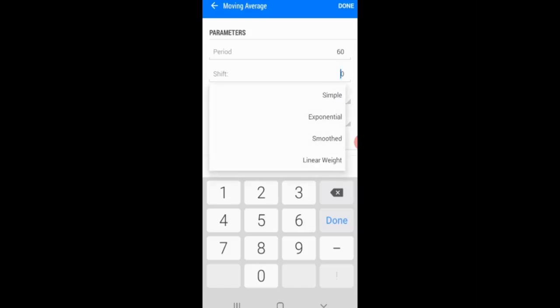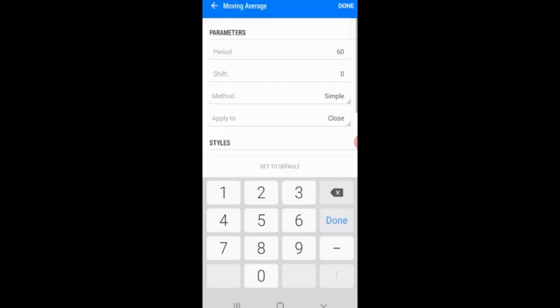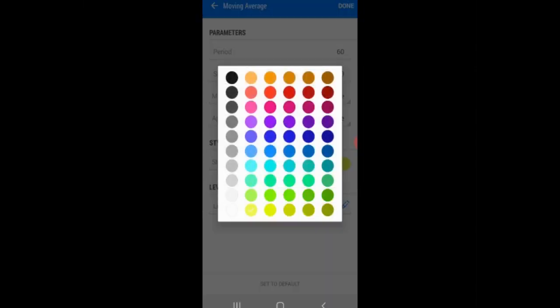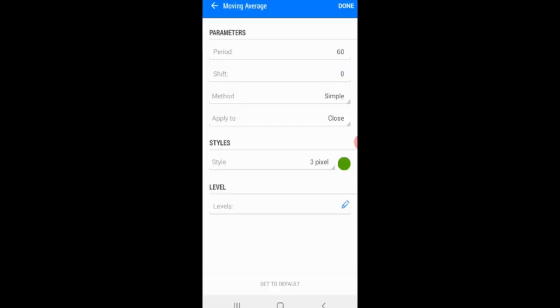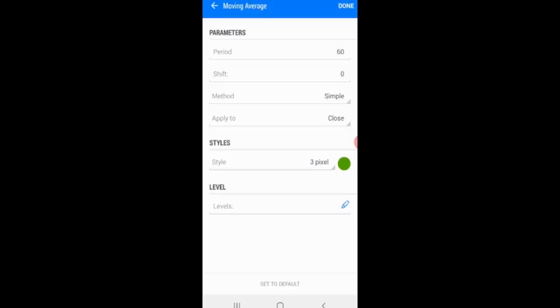Method simple, apply to close. Then the style is 3 pixel. This time we won't use yellow, let's use green. Then you click done.